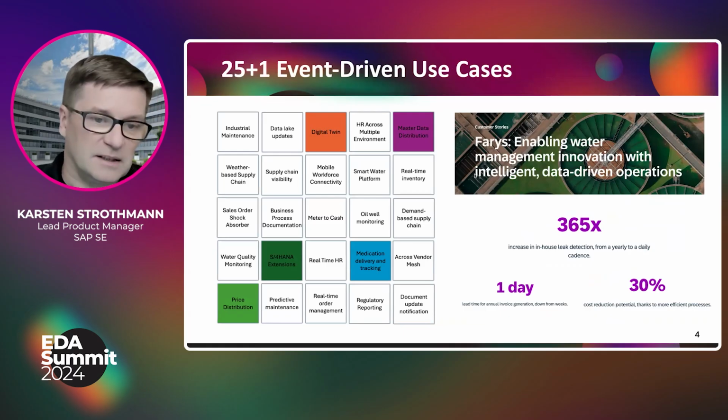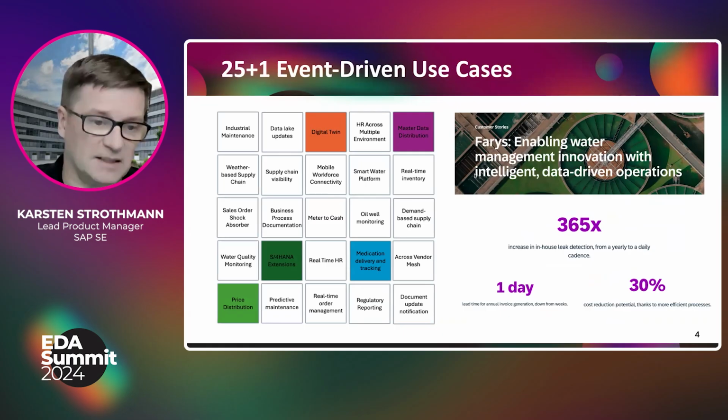Let's have a look at a few examples here on the left-hand side. Price distribution I would like to start with. There are retailers that send their price updates out immediately in real time across the globe in a completely global setup, and the updates reach the stores, the price updates are done, and then the next steps in those stores can be taken.